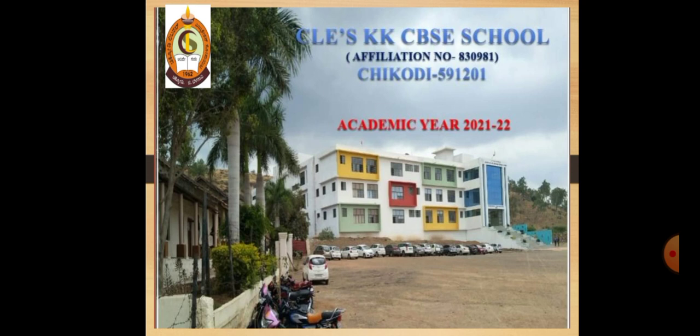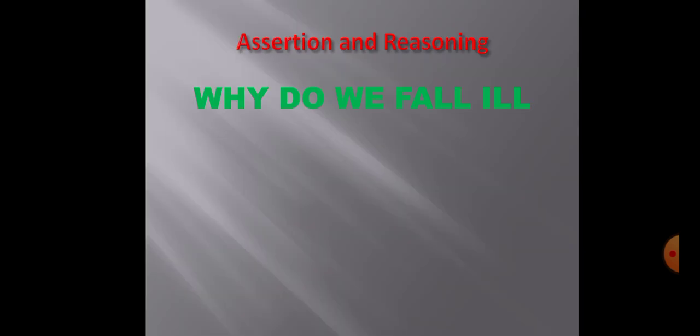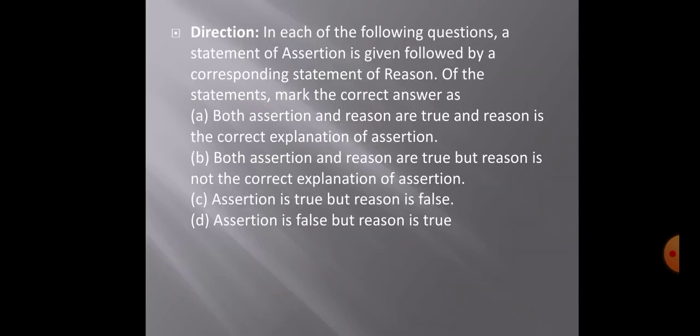So let's begin with the same directions again. In each of the following questions, a statement of assertion is given followed by the corresponding statement of a reason. As you know, in every question, one statement will be given, which is the assertion, and one statement will be the reason. And you have to find out, among all these 4 options, which is the most suitable option for the following questions.